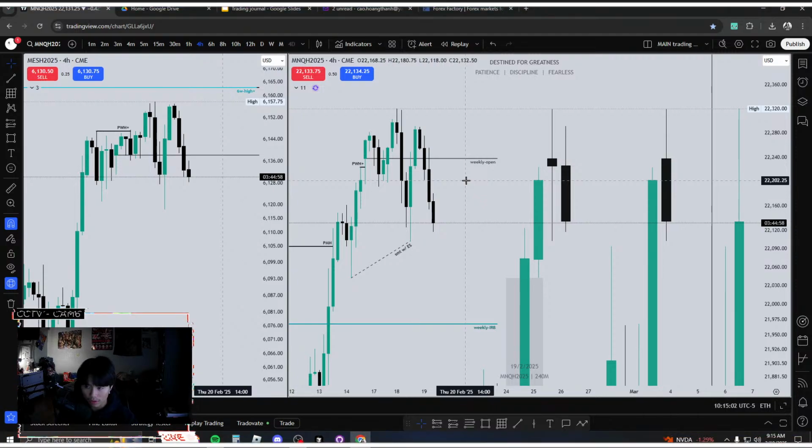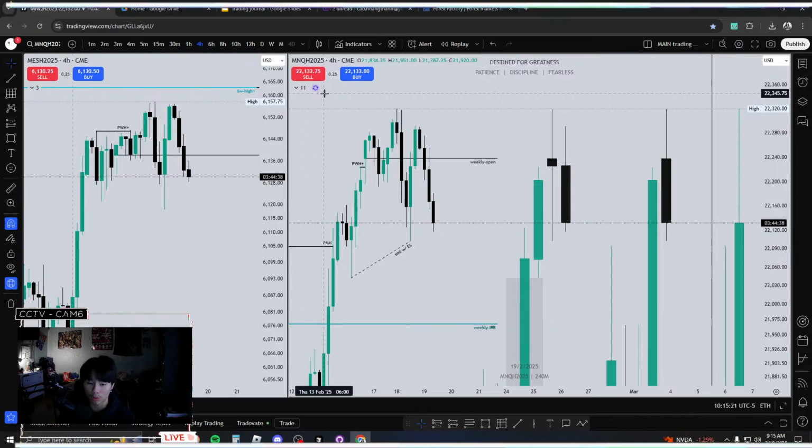If my model's on the 4-hour time frame, I should use like an hourly fair value gap. I should use like a 30-minute or 15-minute fair value gap. I can't go from the 4-hour time frame straight onto the 1-minute time frame. So I cannot go from the 4-hour model straight onto the 1-minute model, right?